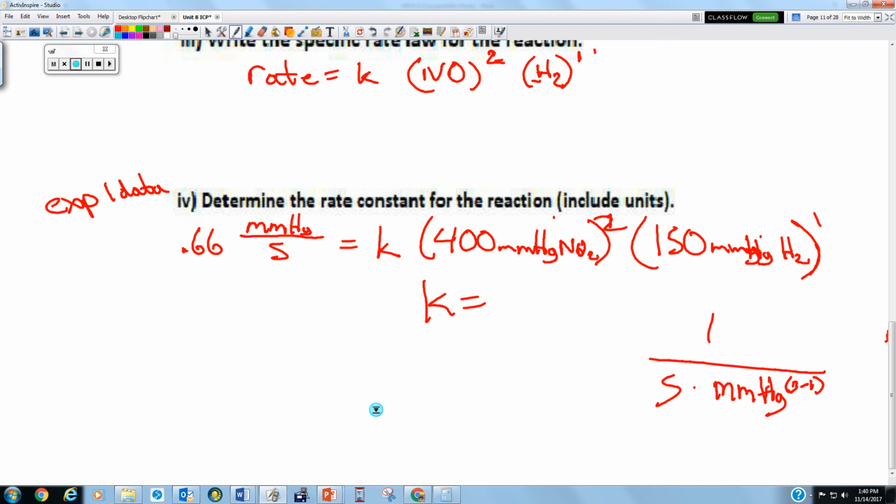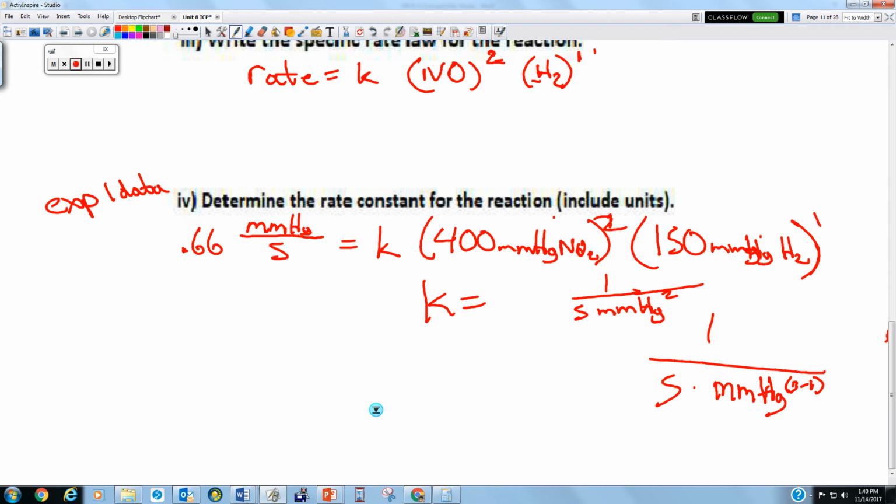All right, so I'm using my little shortcut. So my units are 1 over seconds, millimeters mercury times 3 minus 1, which is 2. So my unit is going to be 1 over seconds, mmHg to the second.